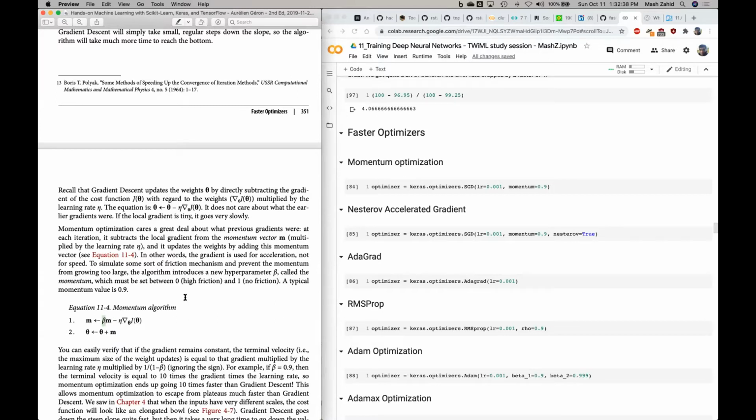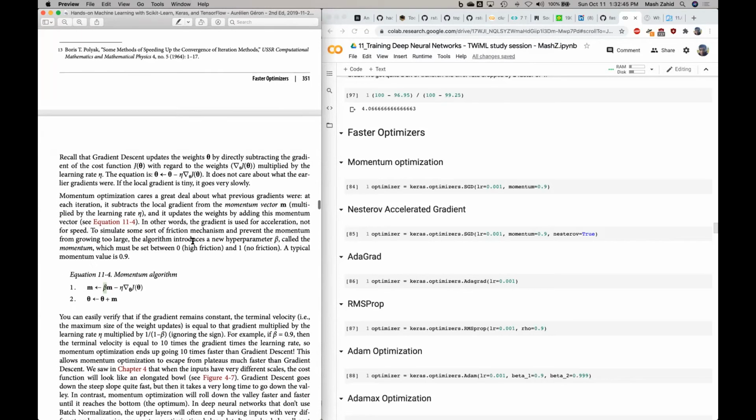But this momentum vector m is really what takes those previous values of the gradients. The whole idea is how fast is it moving towards a particular minimum, and then use that and subtract that from your gradient.